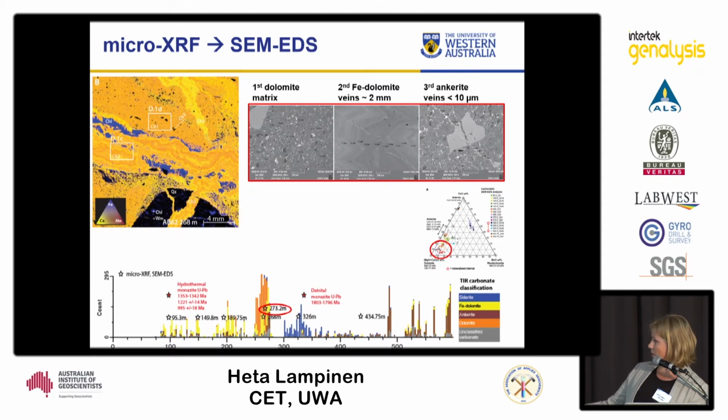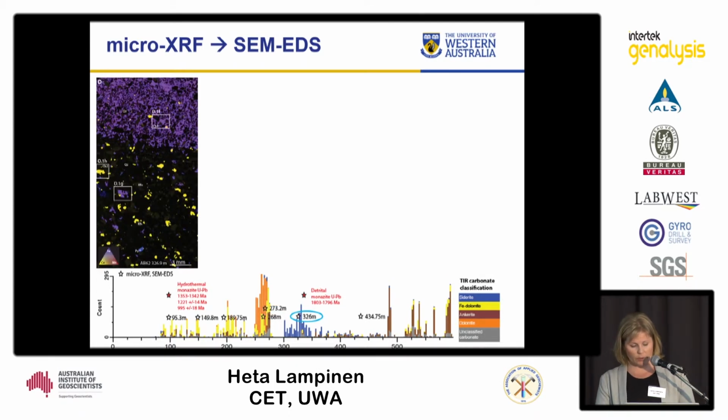And these samples have a composition closer to dolomite. However, later phases do show a shift towards ankerite and an iron-rich composition, which is what the hyperspectral data is showing.